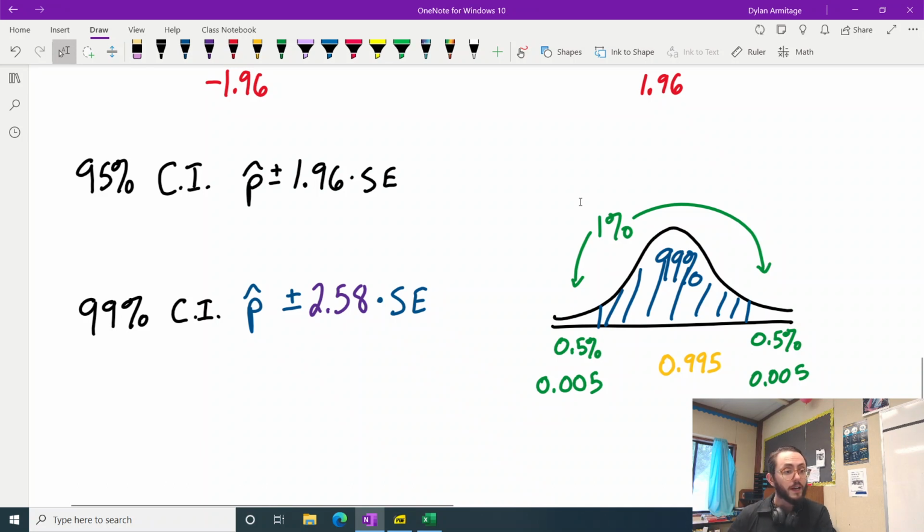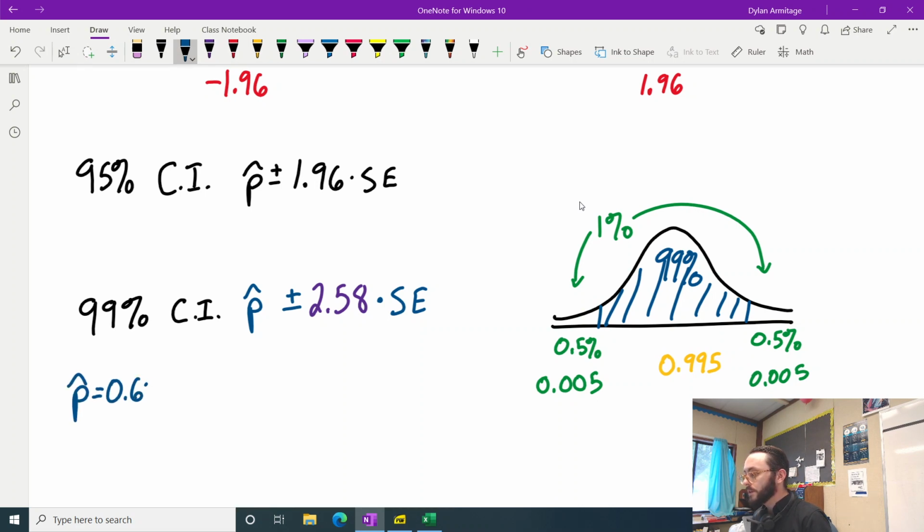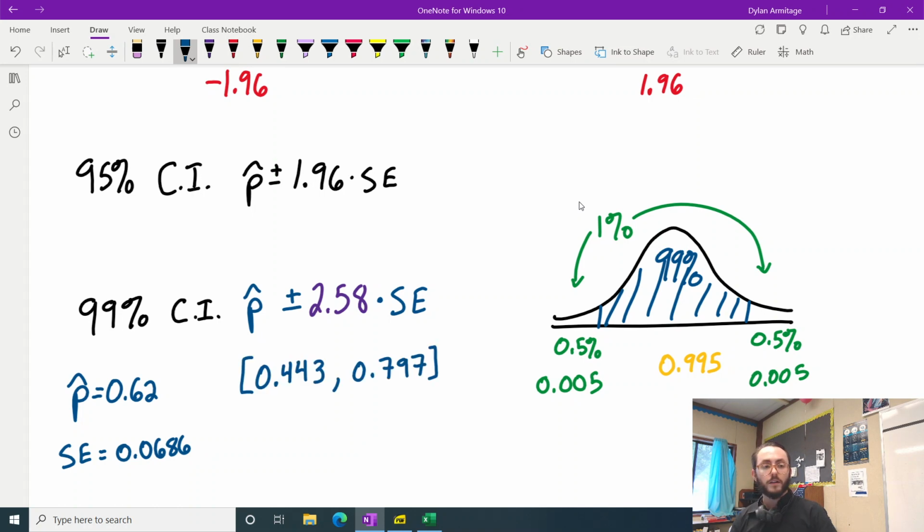And so now if we calculated this confidence interval, using the same values as before, of p hat being 0.62 and our standard error being 0.0686, you should get somewhere around here.